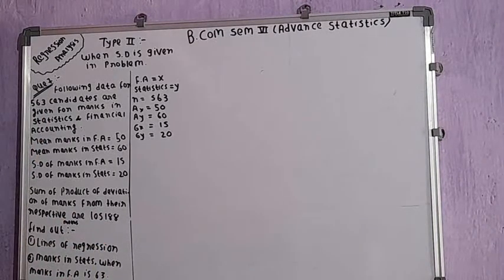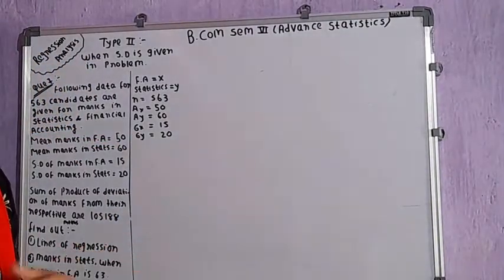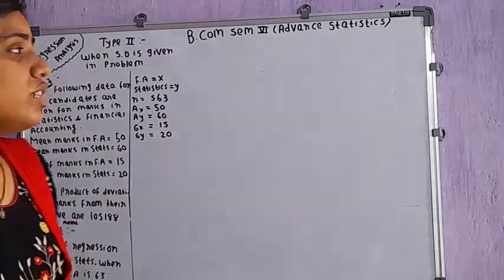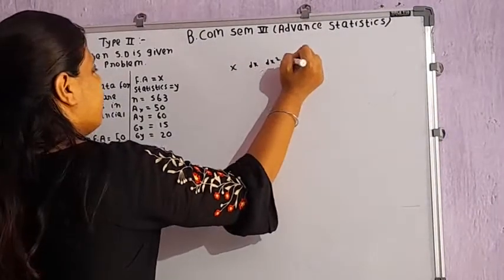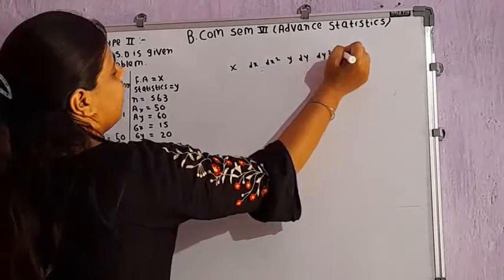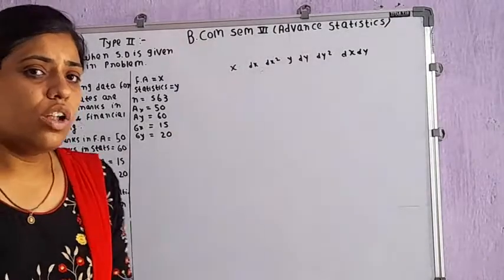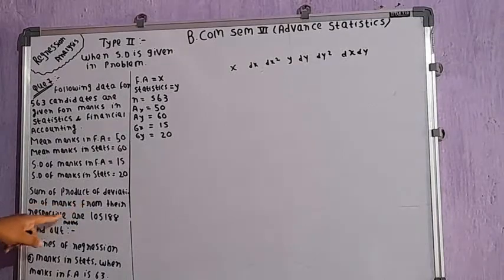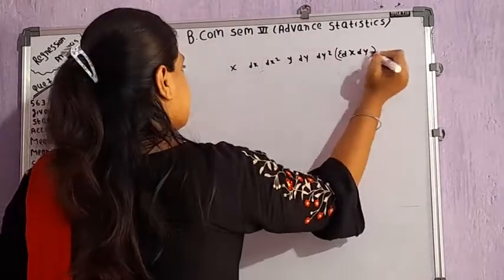Earlier, when we were given two series in the problem, we had to calculate the means and make different columns in a preparation chart: first X, then dx, then dx square, then Y, then dy, then dy square, then dx dy. Here, we have been given the sum of product of deviations of marks from their respective means, that is, the value of summation dx dy directly.